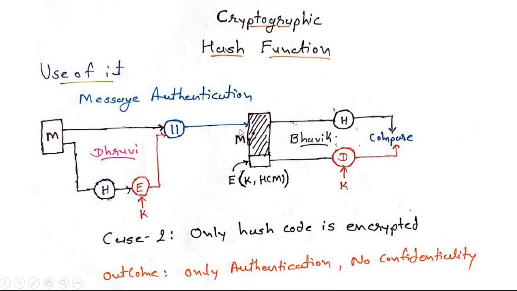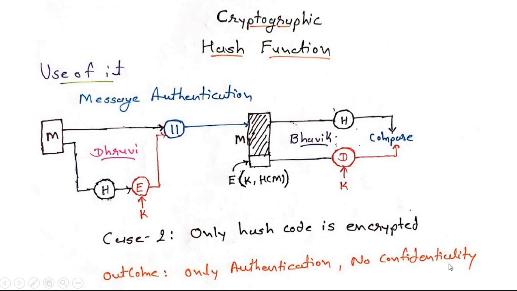But in the channel the message was not encrypted, so there is no guarantee of the confidentiality of the message. Maybe someone can read this message from the channel because it was not encrypted. So in case number 2, only the hash code is encrypted, and in terms of outcomes, we will get authentication only.